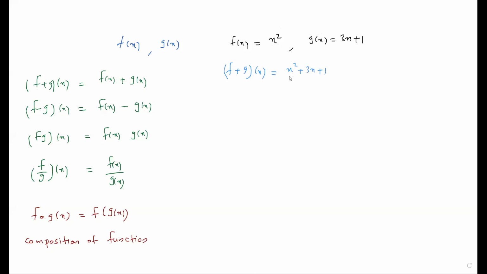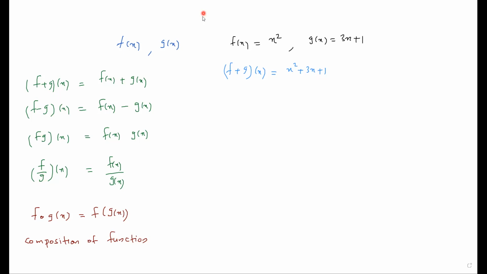Look at this, you got a new function. The original function f of x is x square, g of x was 3x plus 1. So from these two given functions, you obtained a new function through the operation of addition, then subtraction, multiplication, and division of functions.